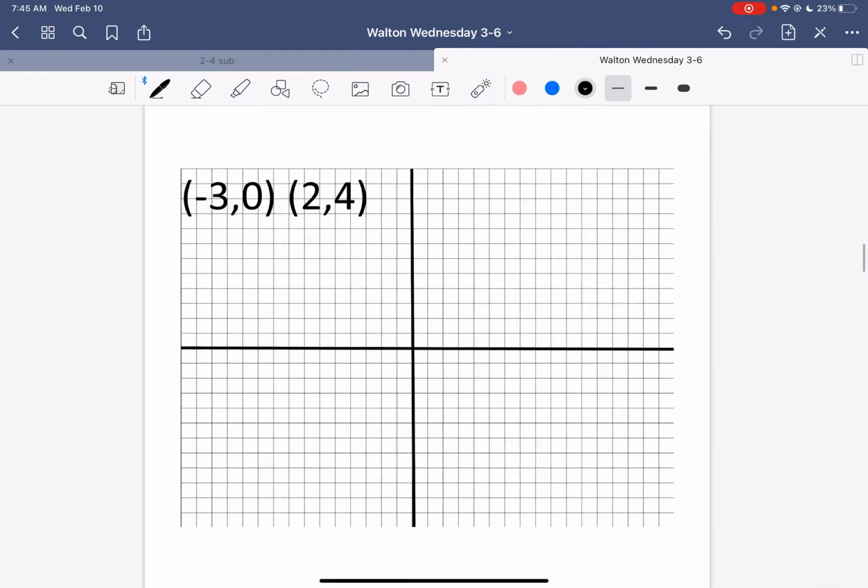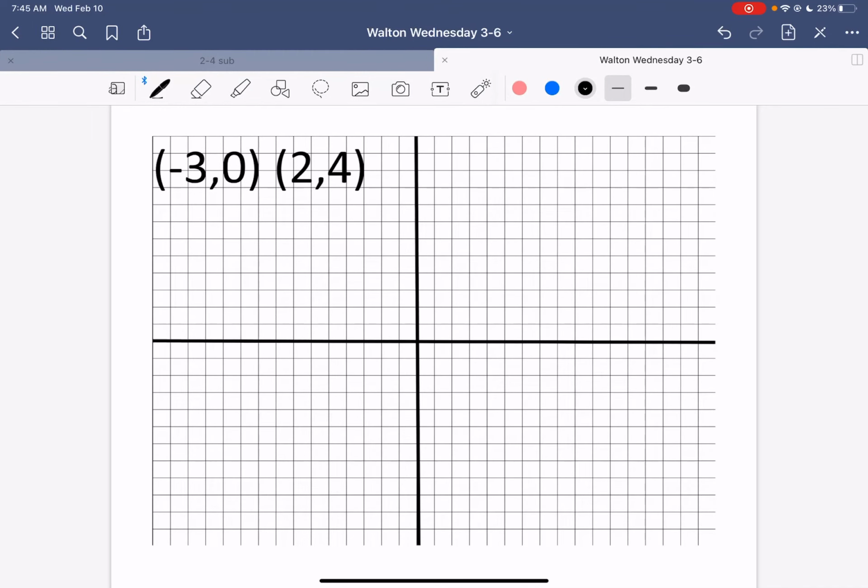Okay, so now say they don't give you a line, all they do is give you coordinate pairs. So what we can do is take our coordinate pairs and graph them on our graph.